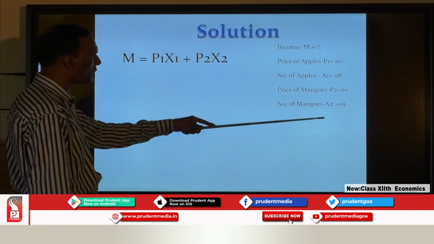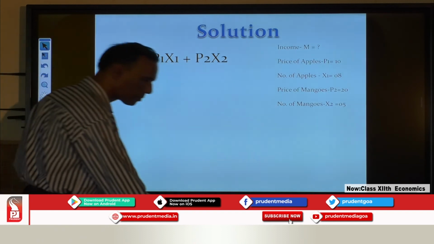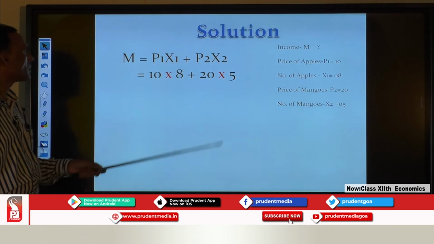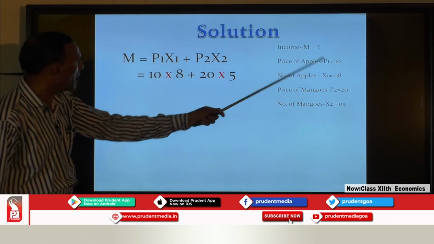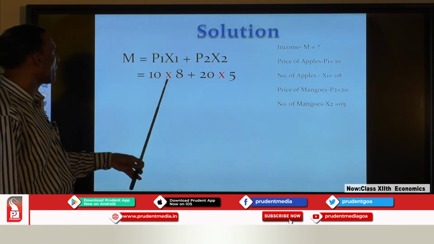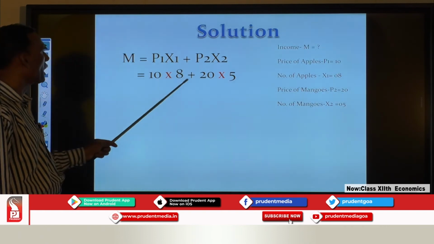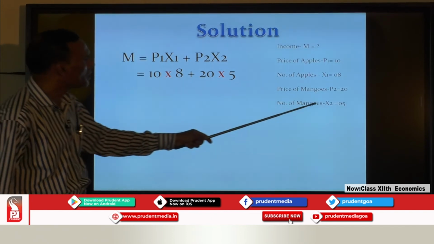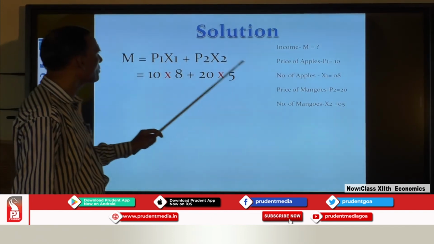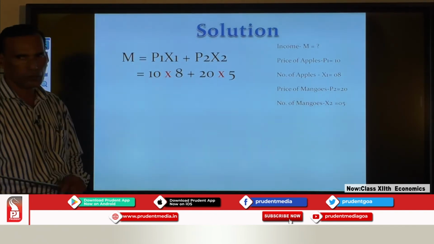Let us substitute these values in the formula. So, P1 is 10 multiplied by X1 is 8 plus P2 is 20, X2 is 5.